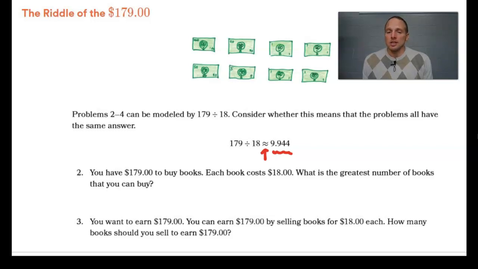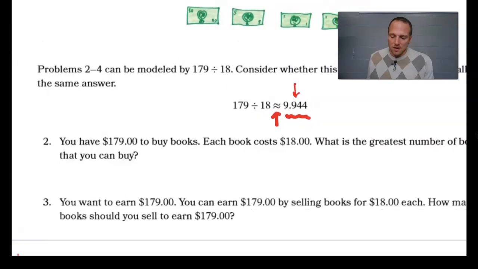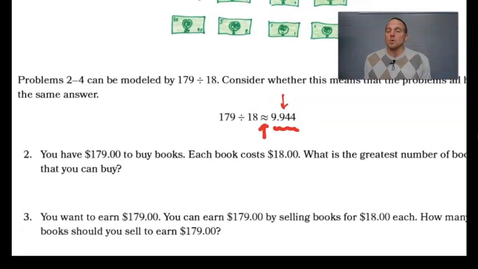So the question is, how many books can I buy? Is that 9.944, is that going to round down to 9, or is it going to round up to 10? Well, if we use our rounding rules, we would see that this 9 is definitely bigger than 5, so our rounding rule would say that that should round up to 10.